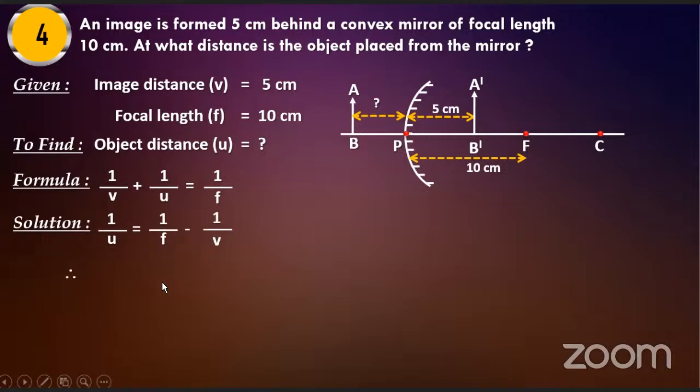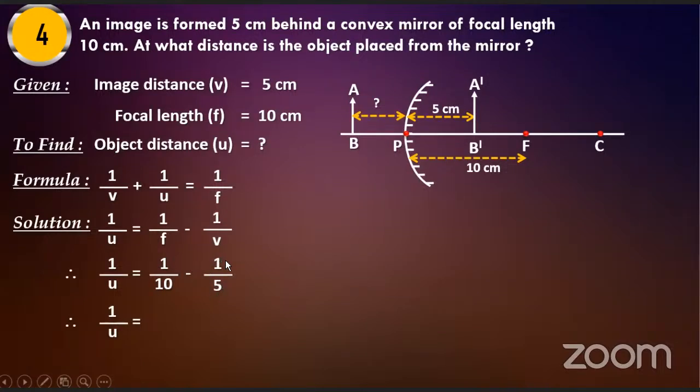Then substitute the values of f and v here. 1 by u is equal to 1 by 10 minus 1 by 5. What is the LCM of 10 comma 5? 10. How many times of 10 is equal to 10? 1 time.